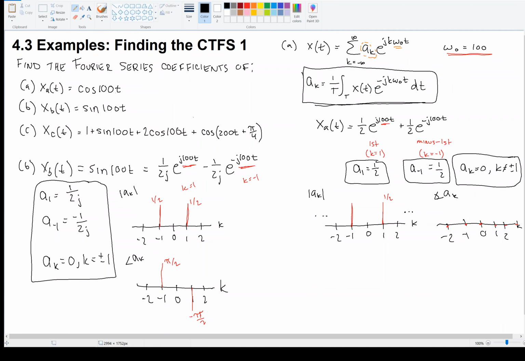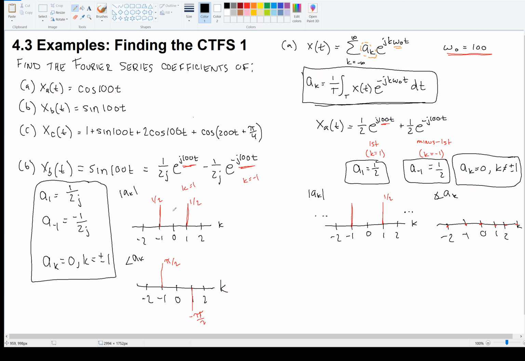All right, so we see how the sine and the cosine Fourier series representations differ a little bit. And you can loosely describe this as follows. The cosine has half of its energy in the minus first harmonic and half of its energy in the first harmonic. And both harmonics are in phase with one another. That's the hallmark or the fingerprint of a cosine.